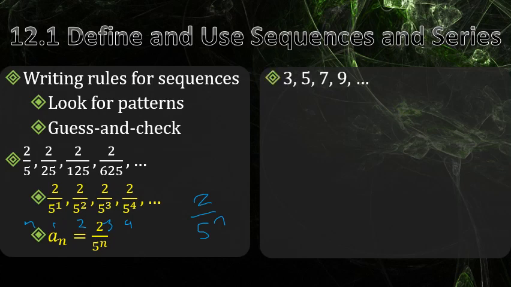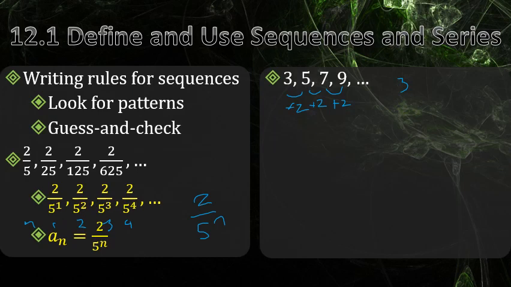Let's try another. 3, 5, 7, 9. Well, it looks like we're adding 2, but that may or may not help us. Let's look and see. So we add 2, we add 2, we add 2. So what this looks like, it's the 3 plus 2 some number of times.